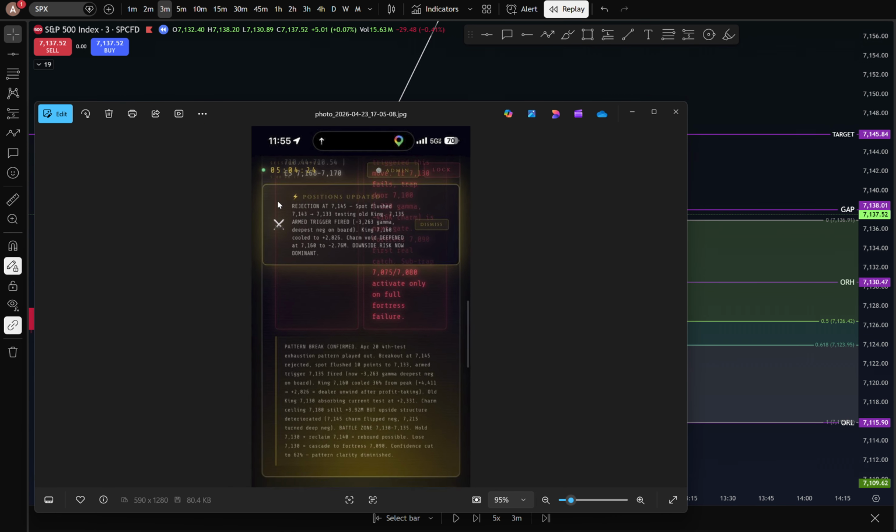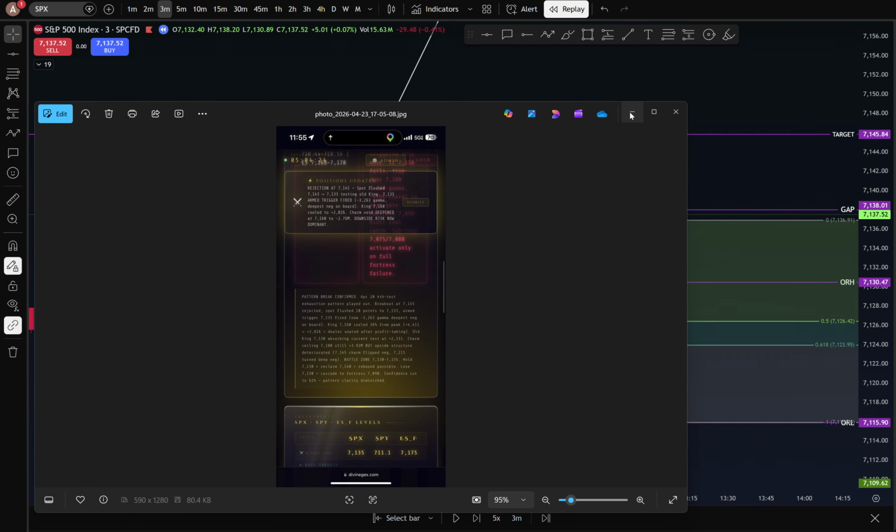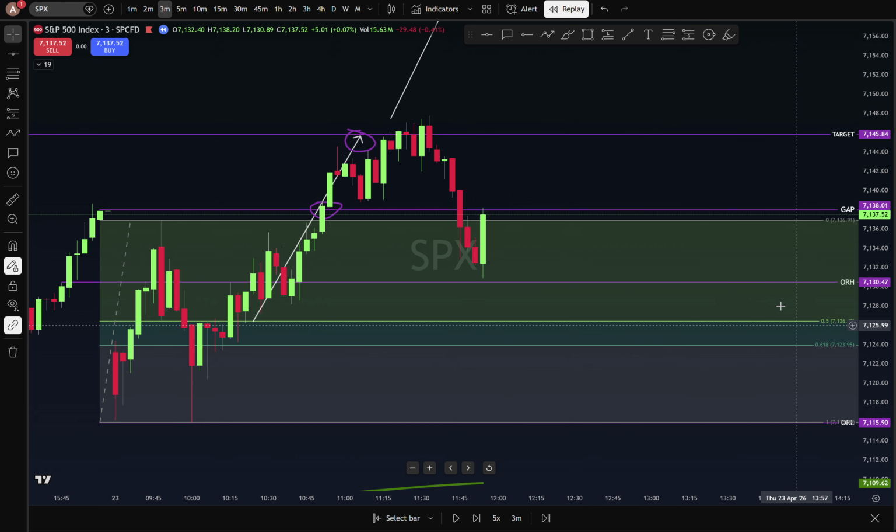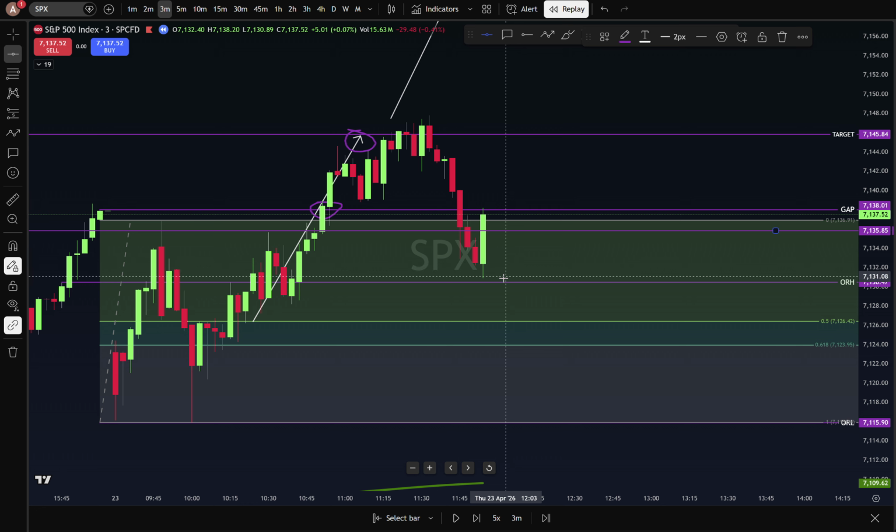Okay, let's see here. So this is 71.30 and 71.35, right? It mentioned 71.35, so let's mark this one too, 71.35. So this is our 71.35, this is our 71.30, and then it mentioned 40.